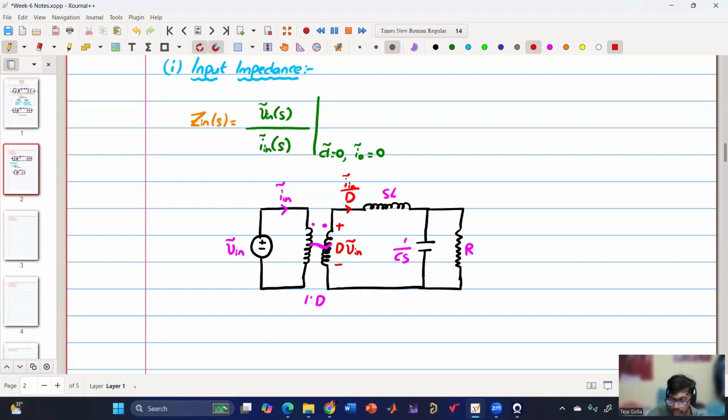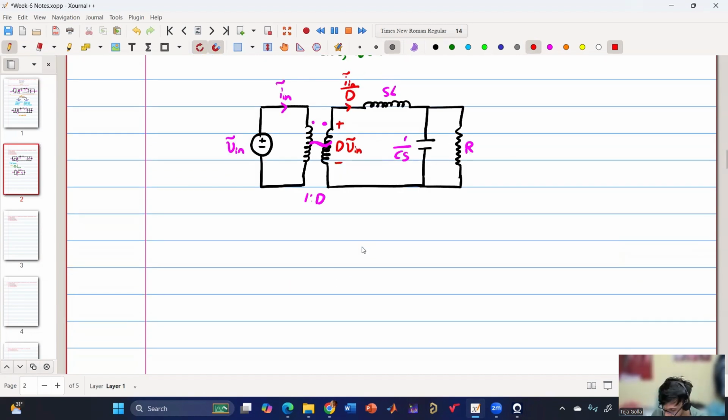Now I can apply KVL. Voltage is equal to impedance into current. So we get D into V in tilde equals I in tilde by D into the impedance, which is SL plus R parallel 1 by CS.